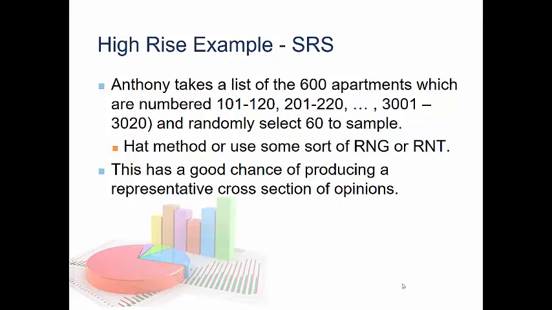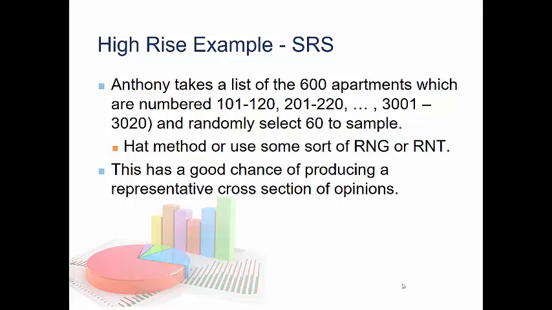Or maybe you could say, okay, I'm just going to number the apartments from 1 up to 600 and assign them in order of number, and use a random number generator or random number table to pick them. And then if you did that, since there's 600 apartments, let's say you use 3 digits, you could do the digits 000 to 599. That would be 600 apartments.